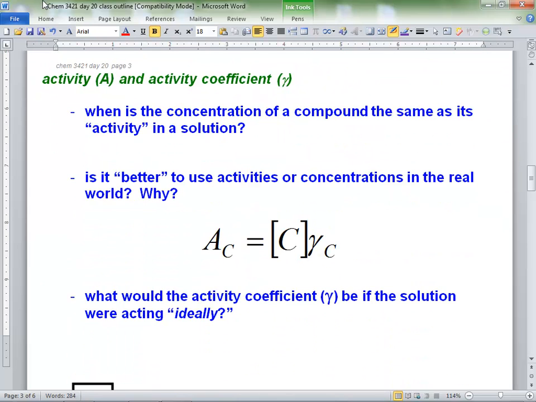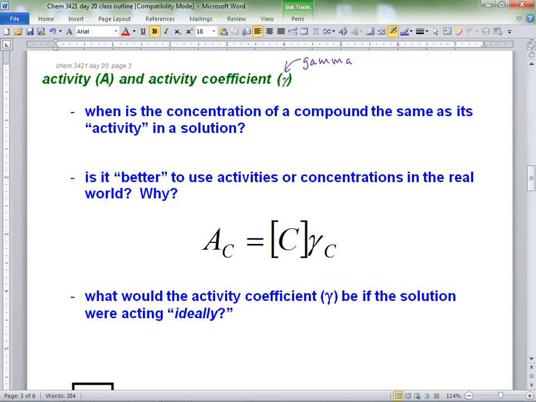Activity and activity coefficient, gamma. Okay, that's the little gamma. When is the concentration of a compound the same as its activity in a solution? Now, this whole activity thing, if we used activities, everything's fine.